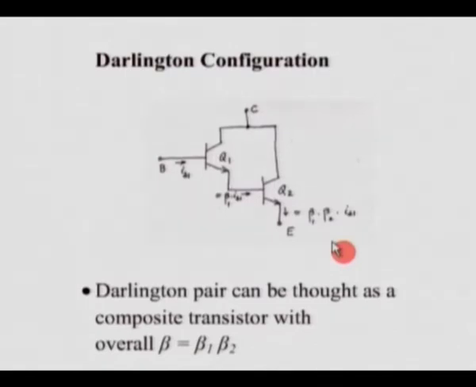If you take a transistor having a beta of 100, by connecting it in a Darlington configuration, we can think of having a BJT having a beta of 10 to the power 4, which is extremely high. This kind of Darlington configuration is very common and has very useful purposes.